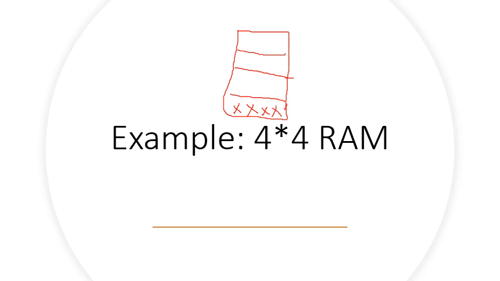If we have 4 locations, how many address lines are required to access each location? That is 2 raised to the power 2 equals 4, where 2 is the number of address lines.